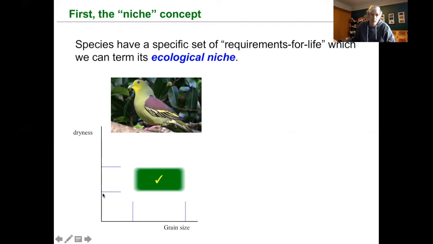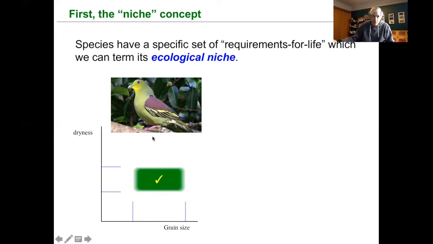It's got this nice sweet spot or Goldilocks zone in the middle. So in areas where we have grain size that big and dryness values between here and here, this dove can survive. So this is 2 components of its ecological niche.